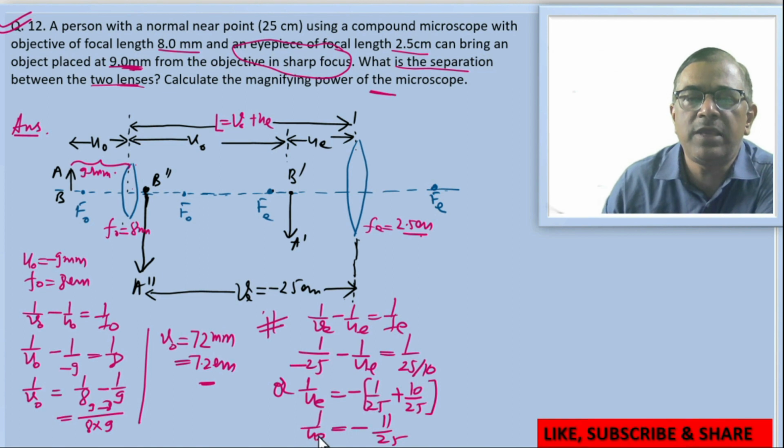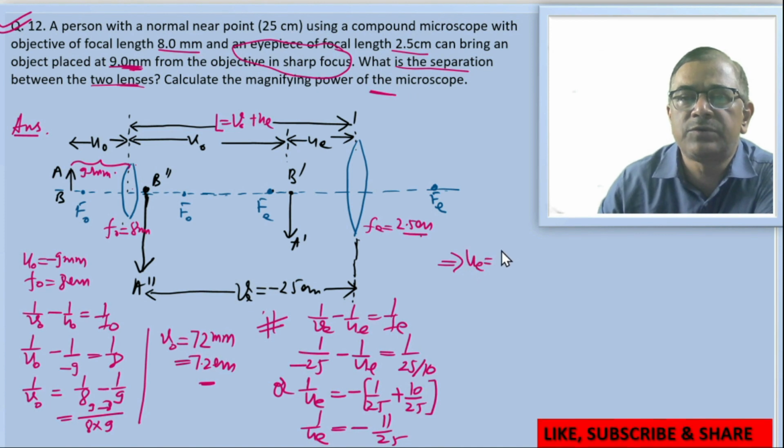So this implies that UE equals 25 by 11 centimeter, and this is equal to minus 2.27 centimeter. Is that right?